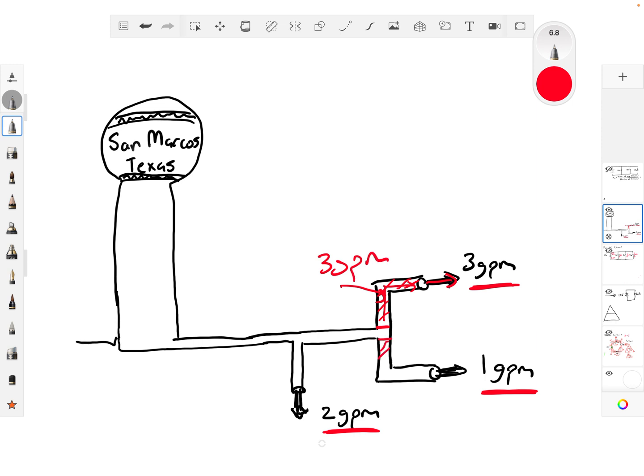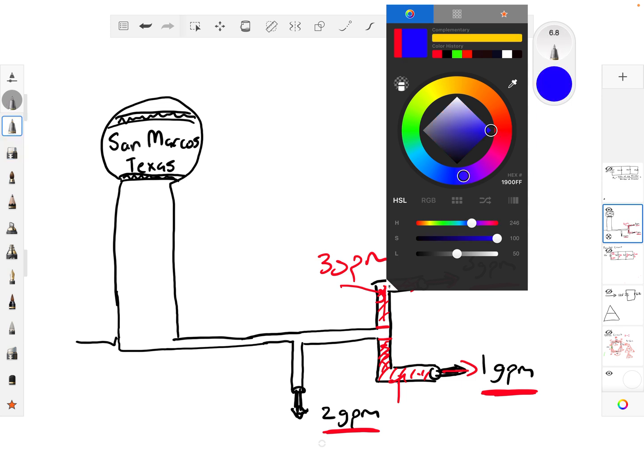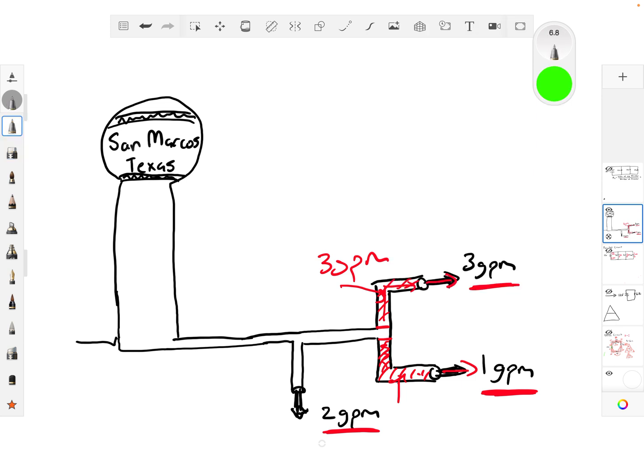All right, well, what about this pipe? There's 1 gallon per minute coming out of this pipe. Therefore, how many gallons per minute have to be within this portion of the pipe right there? Well, that would be 1 gallon per minute, right?